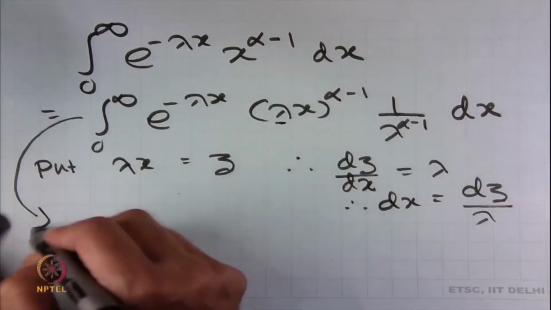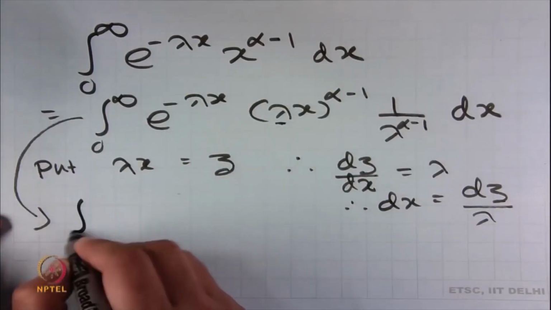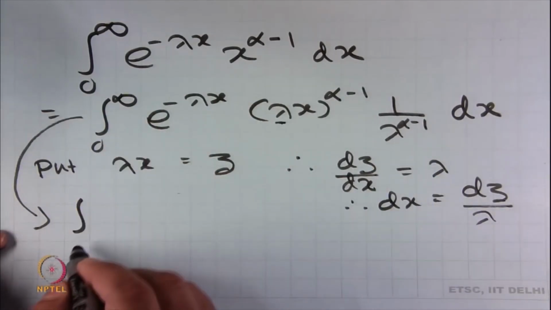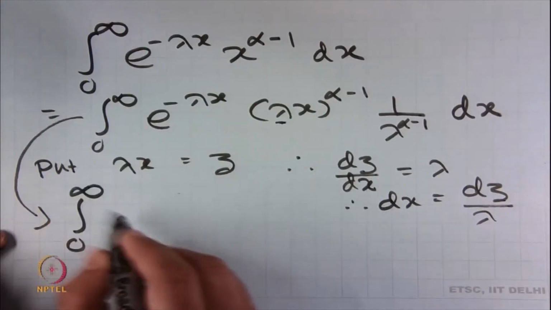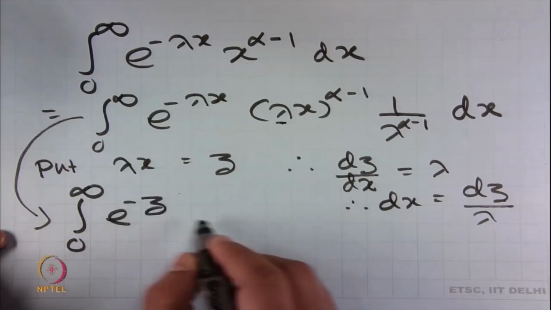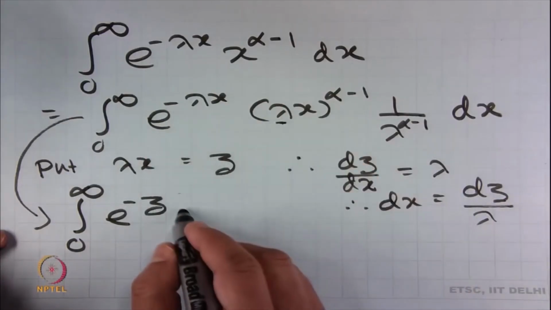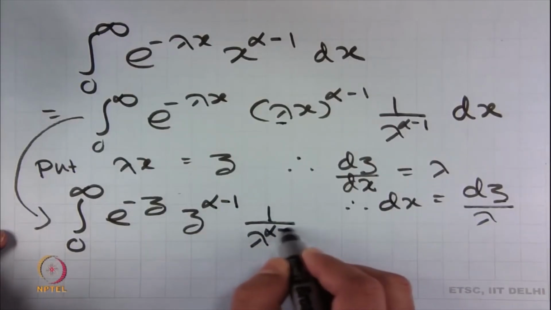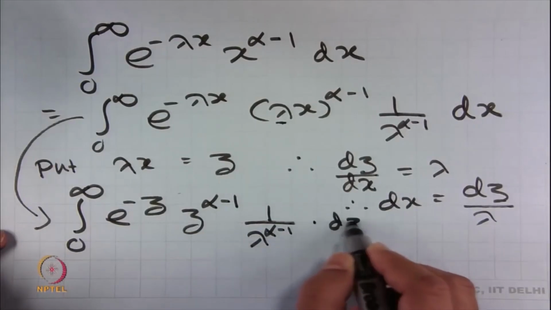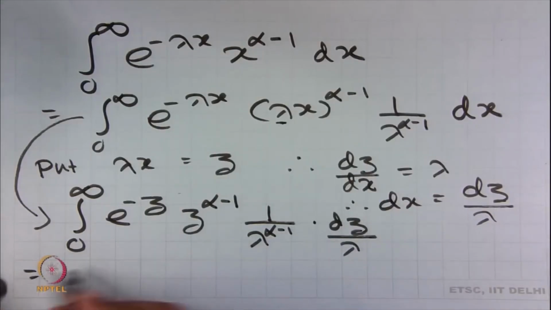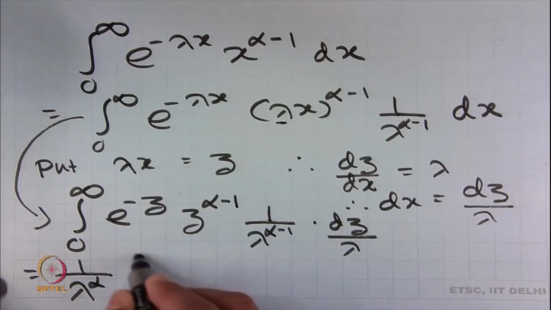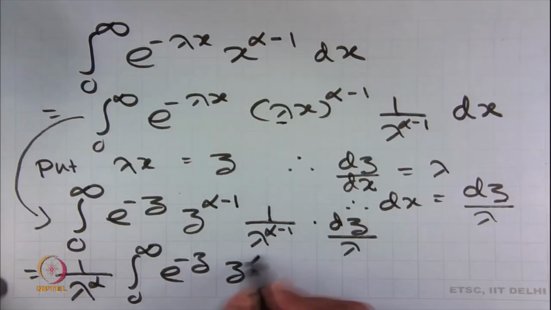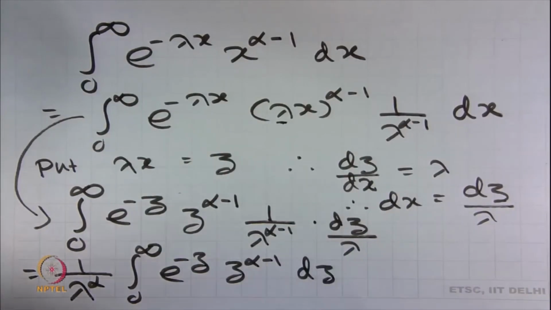So, now I can write it as: x going from 0 to infinity, z is also going from 0 to infinity as lambda is positive. So, it is integral 0 to infinity e to the power minus z, z to the power alpha minus 1, 1 upon lambda alpha minus 1 into dz upon lambda, which is equal to 1 upon lambda power alpha integral 0 to infinity e to the power minus z, z to the power alpha minus 1 dz.